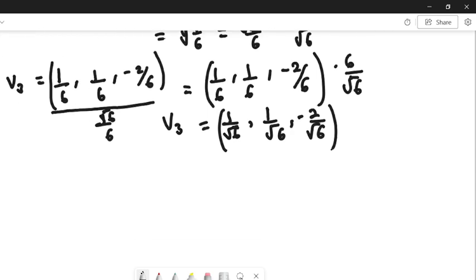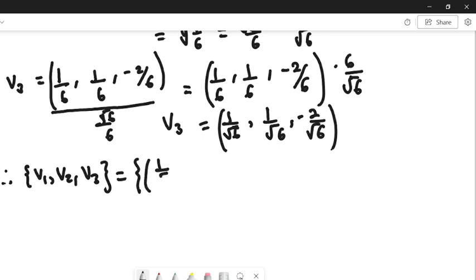So our V1, V2, V3 is equal to: our V1 is (1 over root 3, 1 over root 3, 1 over root 3).